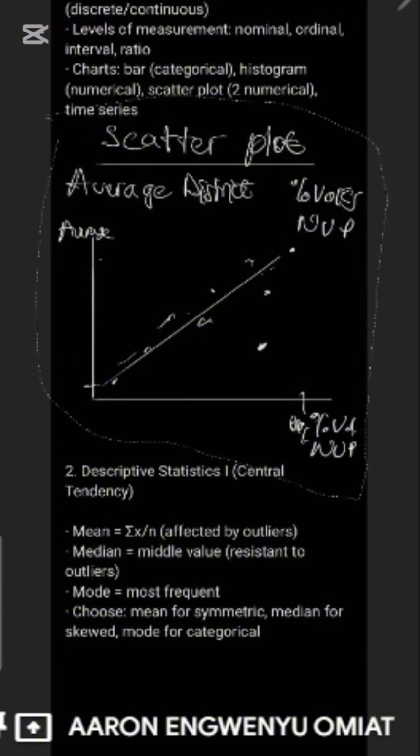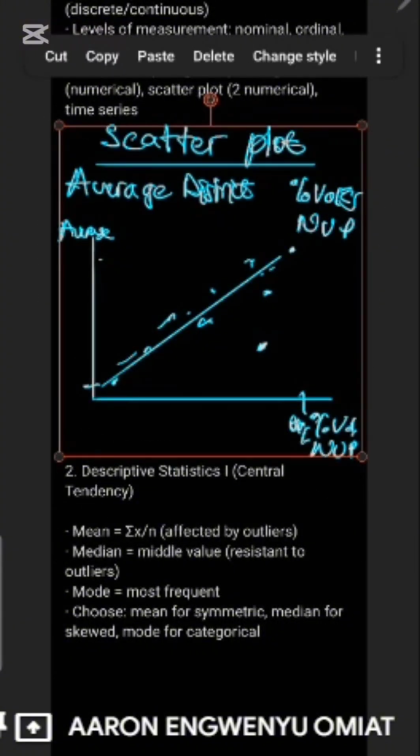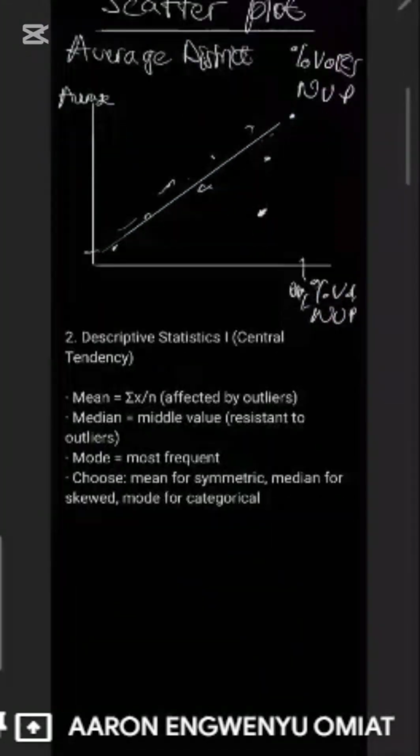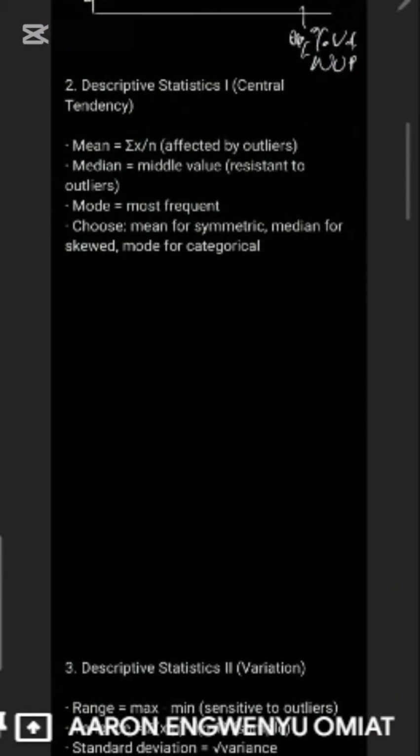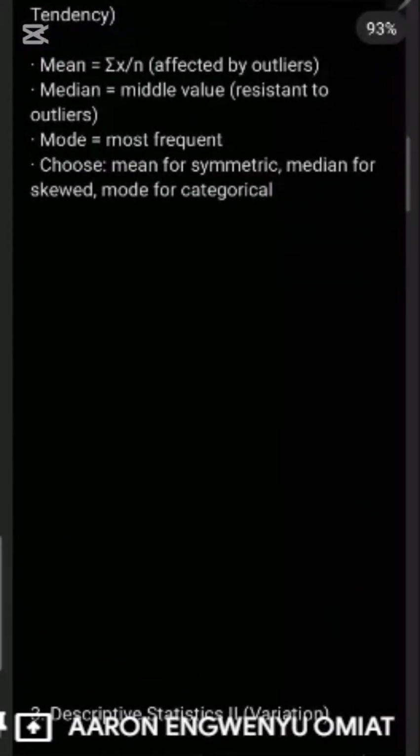Okay, going forward, let's now move on to central tendency. With central tendency, we are basically trying to find the typical value in a given data set. If we remember, during the first discussion I defined statistics, and one of the aspects of statistics is summarizing.